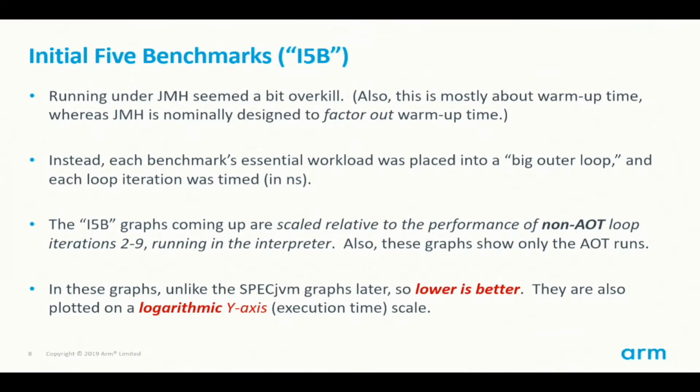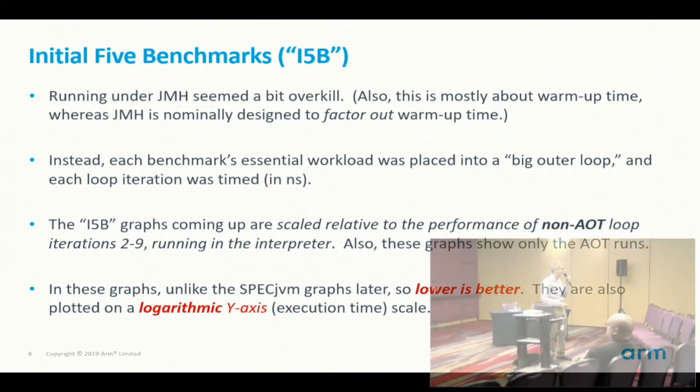Since I was using the non-AOT code, that's mostly running in the interpreter, which is mostly pretty much identical code. So that way it was kind of a benchmark measuring itself in a sense. So in any case, remember lower numbers are better on these, and also I'm going to point out that the y-axis here is a logarithmic scale.